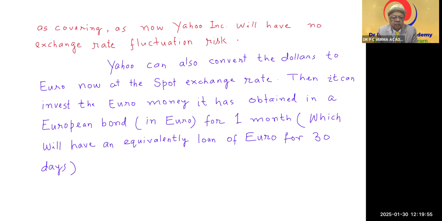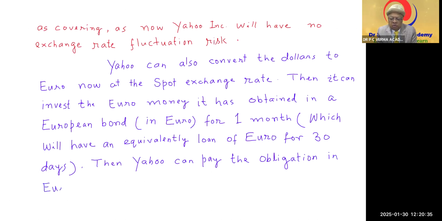Then Yahoo can pay the obligation in euro after 1 month.